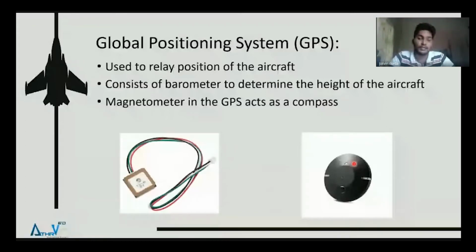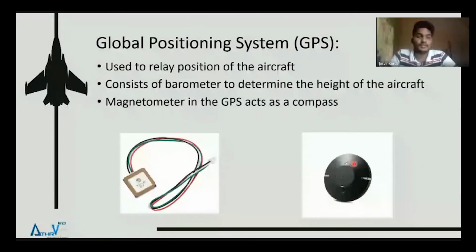And some of the flight controllers will have a barometer and magnetometer to determine the height in terms of barometer. A magnetometer acts as a compass. It is used to measure the heading, that is north, south, east, west, of the aircraft relative to the north, south, east, west of Earth.